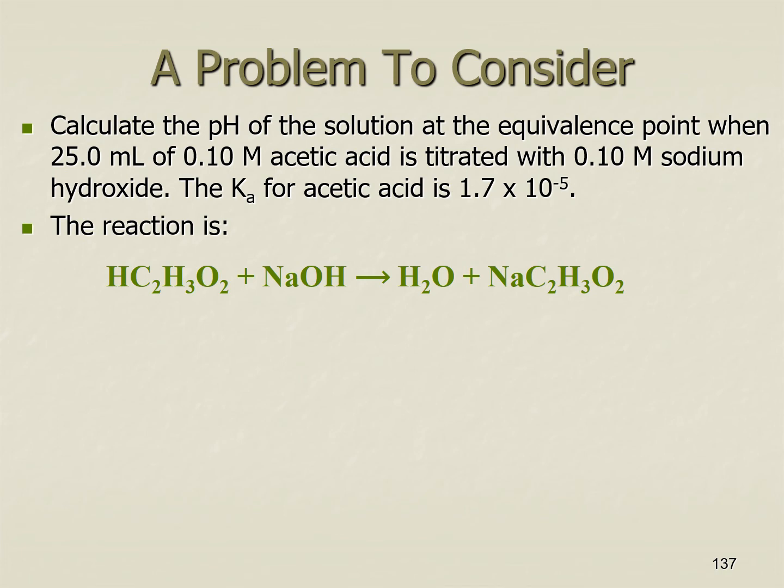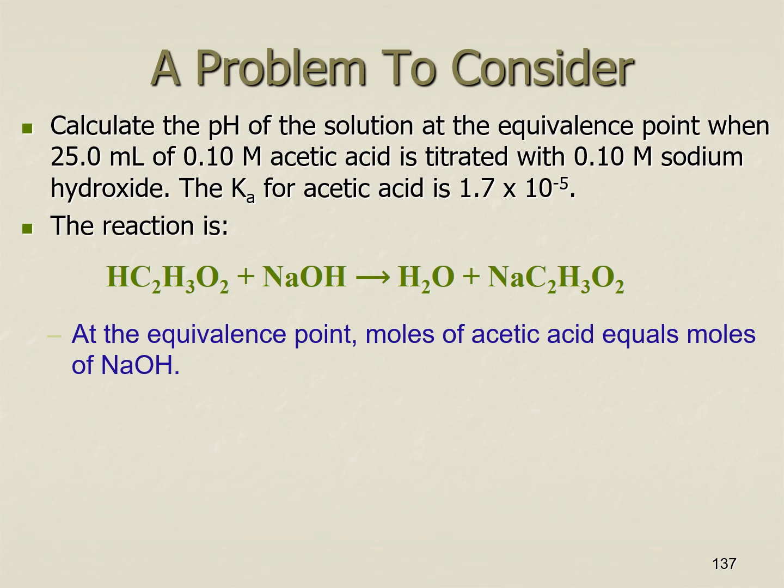And then what are the results? We have H2O, and then we have the salt NaC2H3O2. Because remember, this is a salt, and we can ignore the Na because that comes from a strong base, but the C2H3O2 negative is hydrolyzable, and so we have to see what happens when it's hanging around in water.